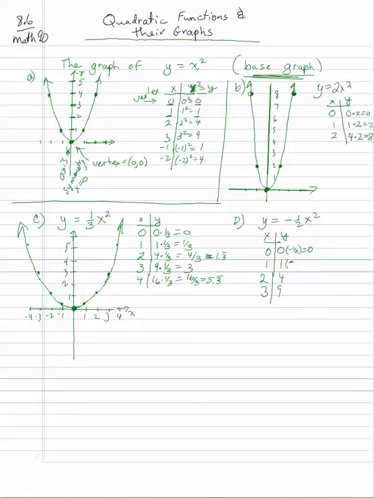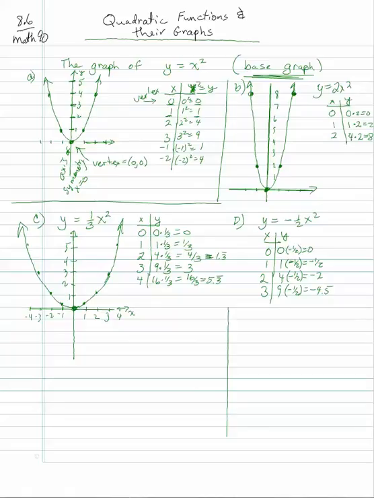Remember, we square first, so 1 squared is 1 times negative 1/2. We're doing order of operations. 2 squared is 4 times negative 1/2 is negative 2. 3 squared is 9 times negative 1/2 is negative 4.5. And the negative is going to make it open down.